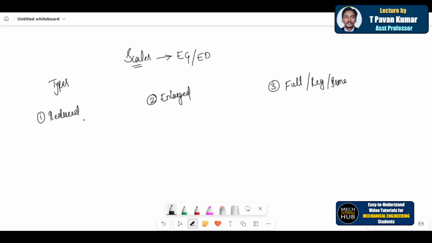What is a reduced scale? For example, if there is any very large object like very big machine parts, that need to be drafted on an A4 sheet, which is not possible if the dimensions are beyond the sheet dimensions.